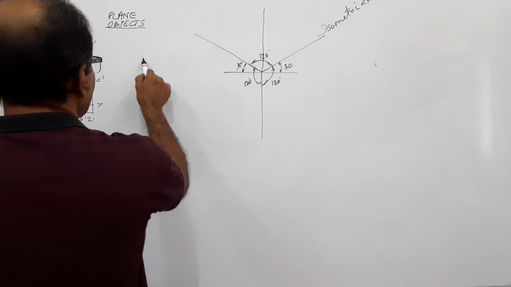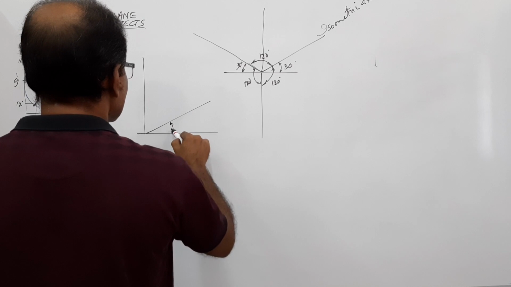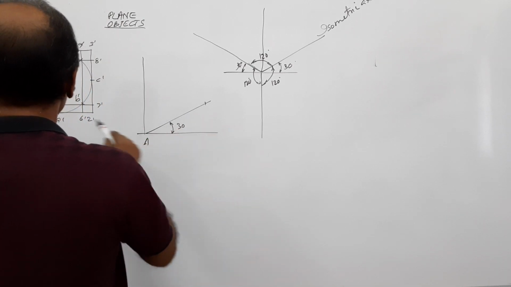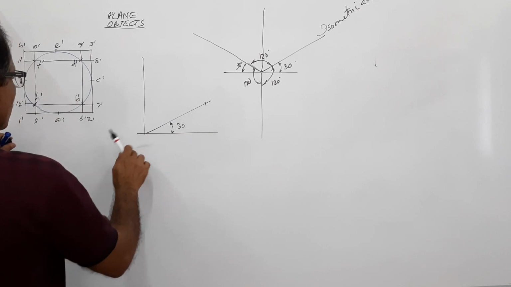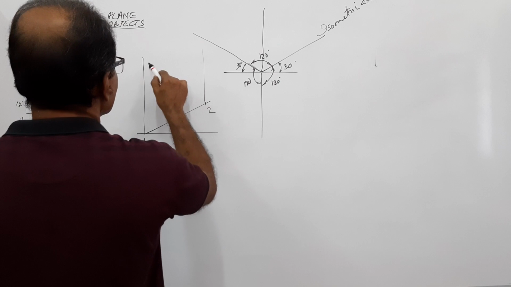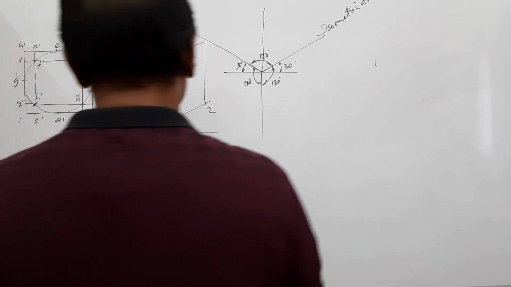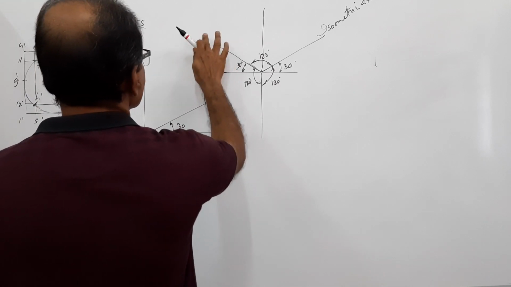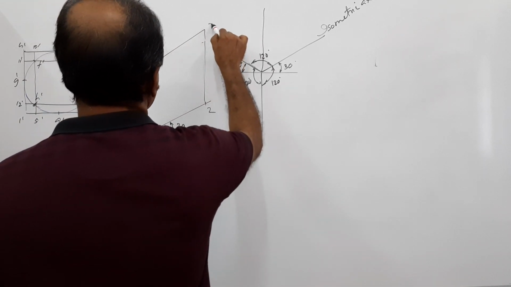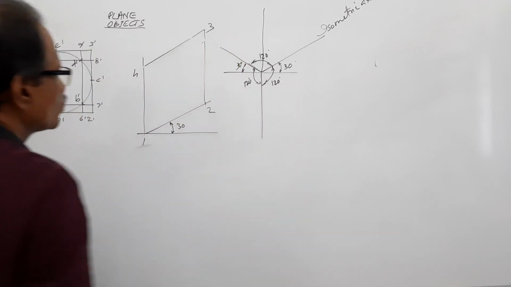Reproduce the square. Vertical axis, 30-degree axis, 1, 2, 3, 4.